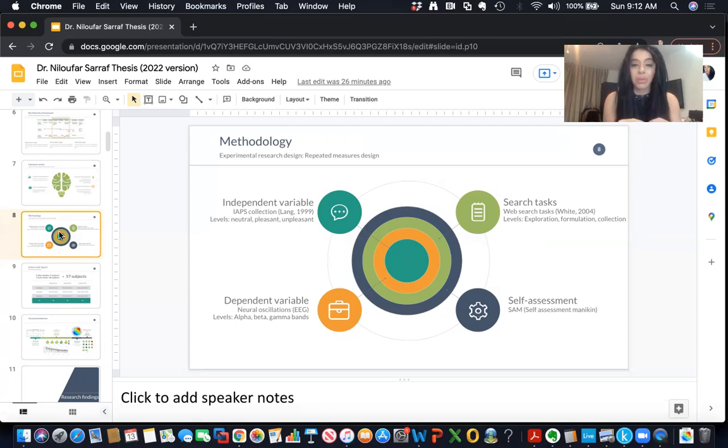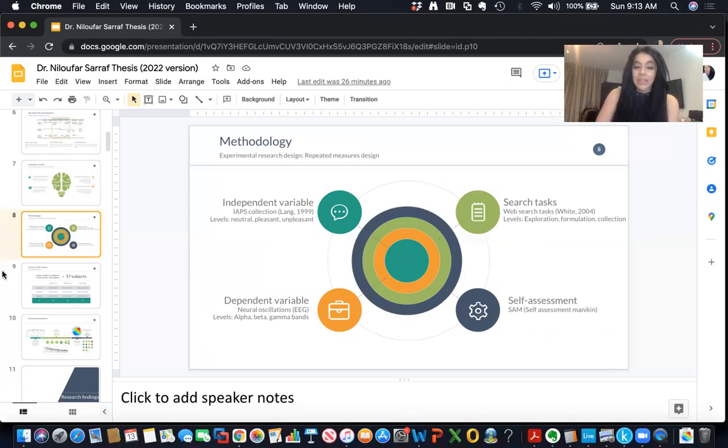So there are 3 levels of emotional state of being. These 3 levels were established by Lang, and it's very well established in cognitive psychology, by the way. Again, whatever you do for a PhD, it has to be established. You can't just pull things out of your head and say, I'm going to do this. You have to write chapters about it.